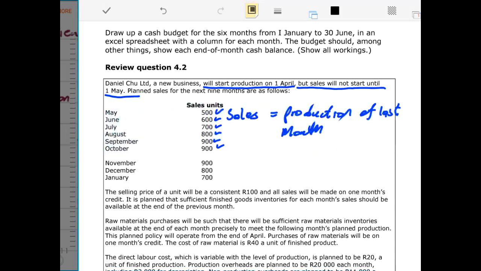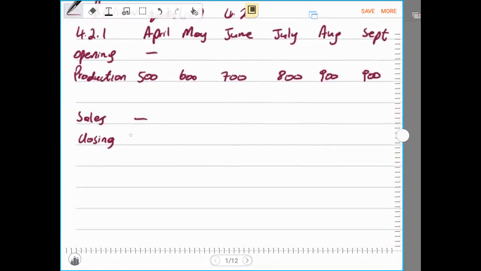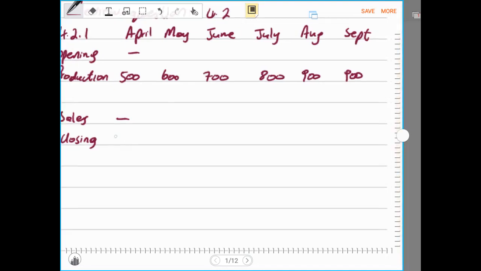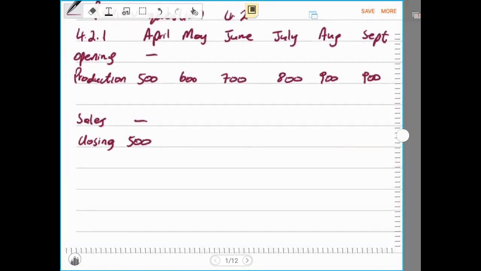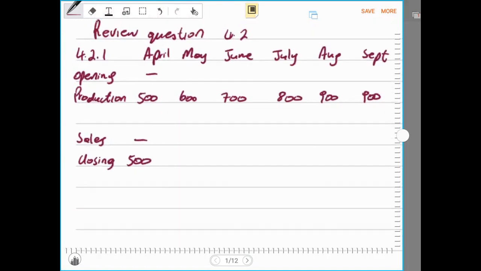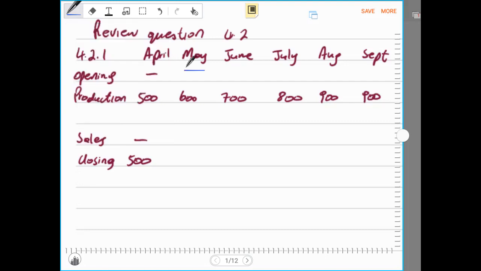In other words, there was no sales in April. Therefore production becomes closing, and closing for the month of April will be 500 units. Then closing becomes opening of the next month. Therefore the closing of 500 becomes the opening of 500 in the month of May.